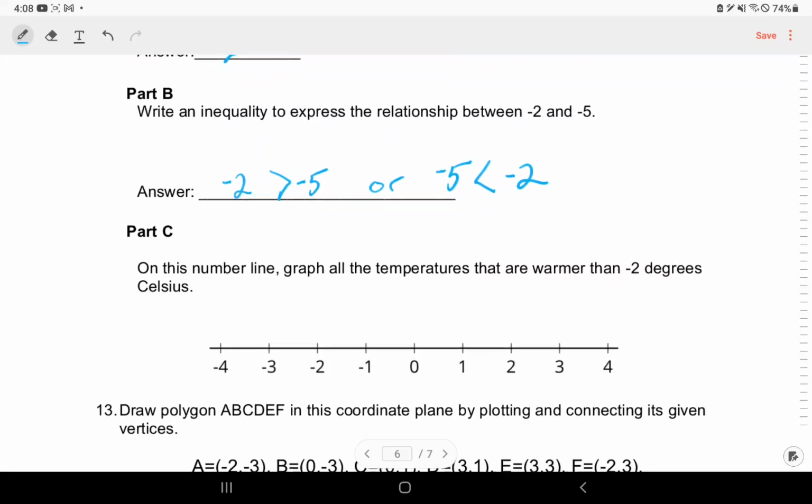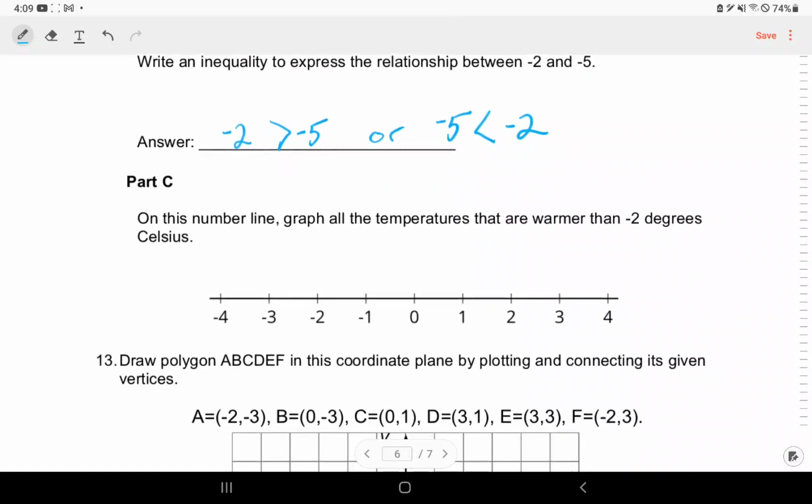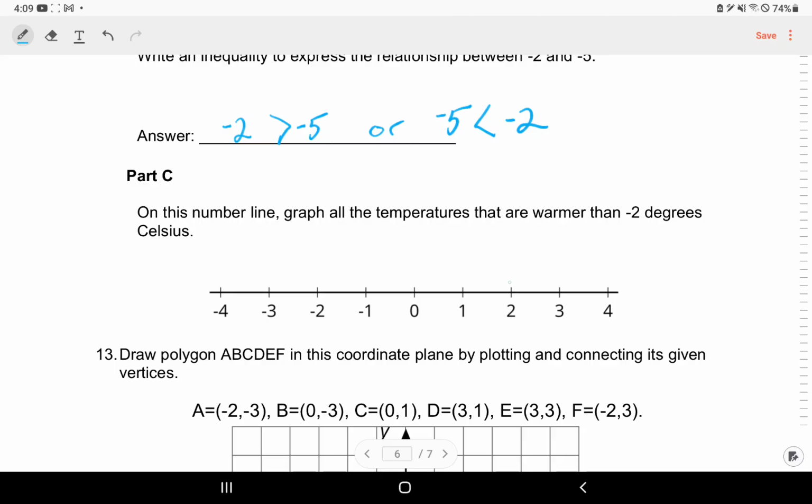On the number line, graph all the numbers that are warmer than -2 degrees. So we want an open circle at -2. Okay, since it says warmer than -2, it's got to be an open circle. This means -2 is not included.